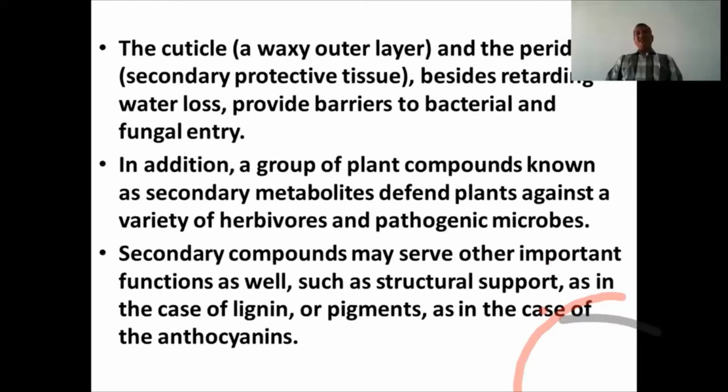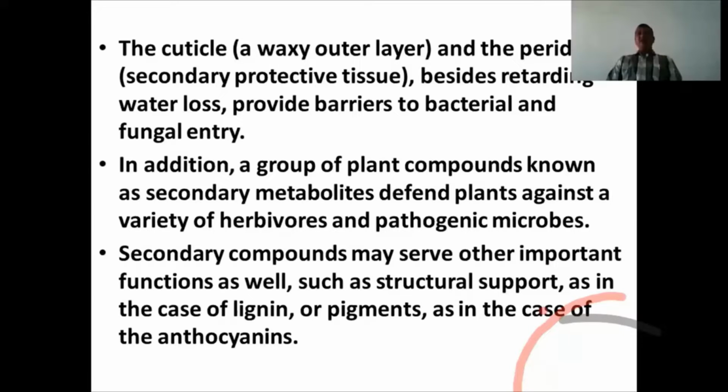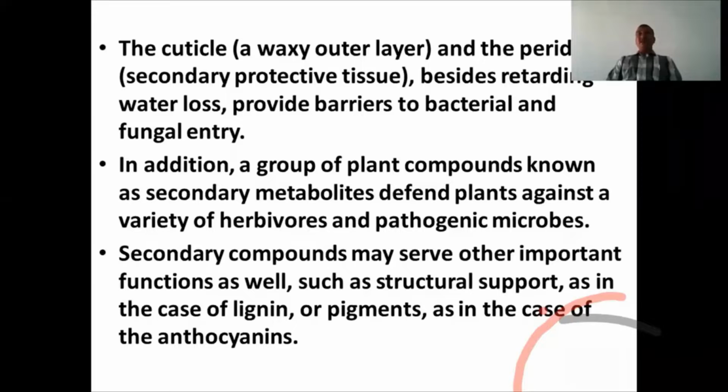When we see plants on the surface, they have a layer called the cuticle, and following the cuticle, they have one more layer called the periderm. These two layers are very important in protecting the plant from enemies like bacteria and fungi.